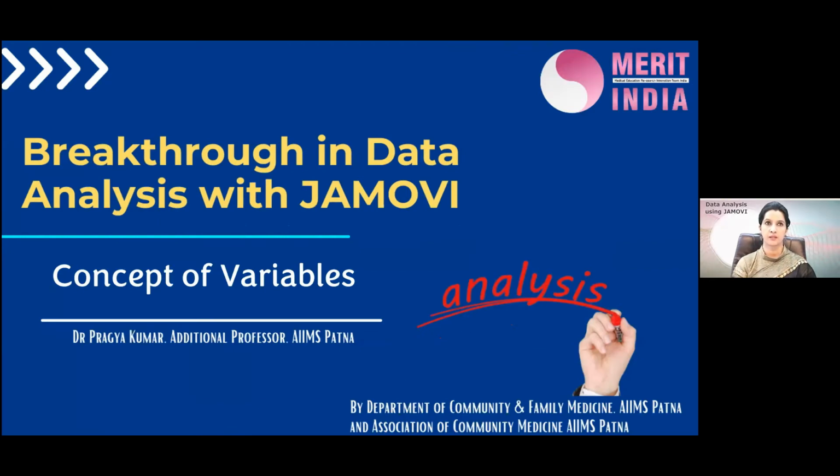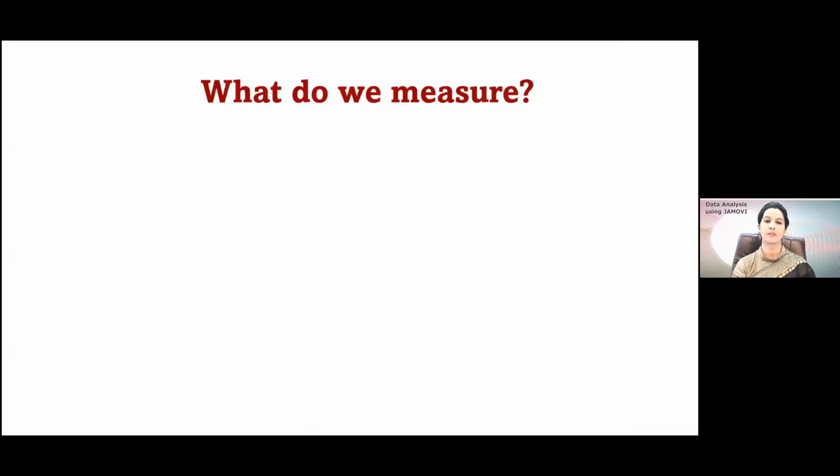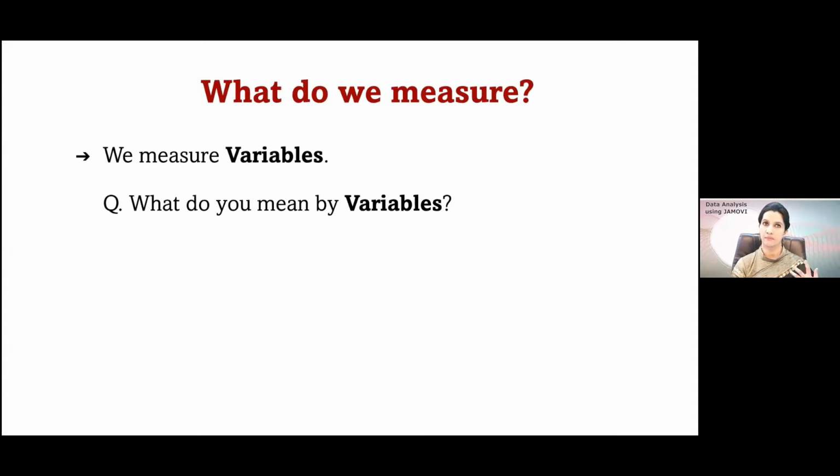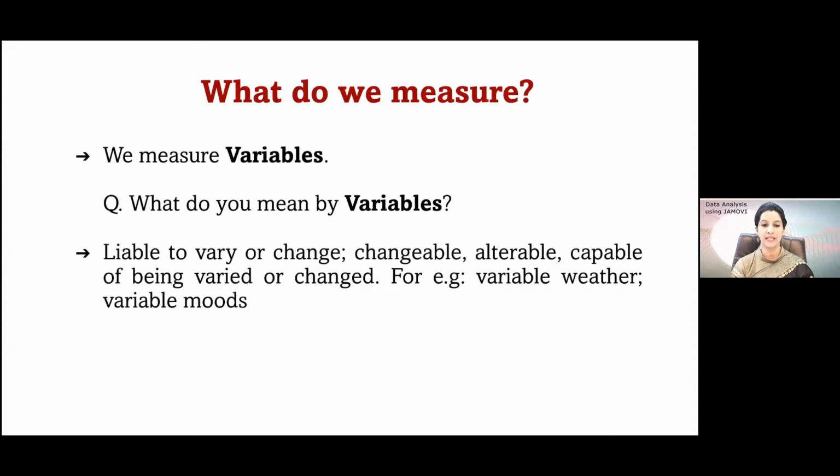So in the concept of variable, what is a variable? Basically a variable is something which varies. And what do we measure whenever we do some analysis? We measure these variables. A variable is basically anything which is liable to change, for example weather, because it changes, that's why it is a variable.